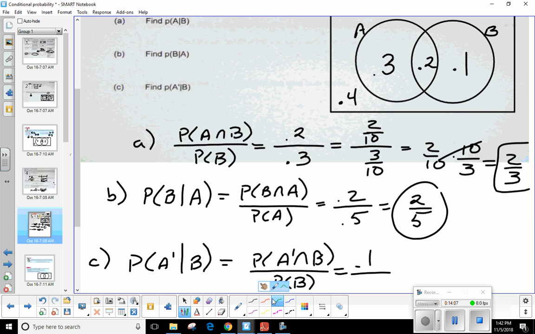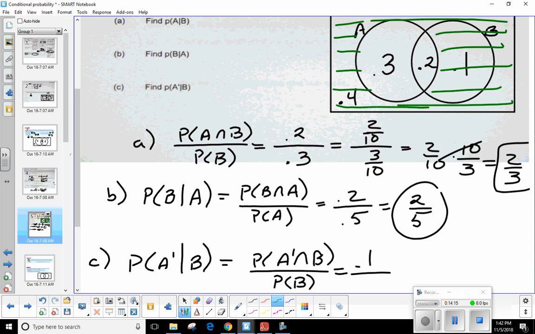The complement of A is everything that's still in the universe, but not in that particular circle itself. So I would shade everything outside of A, and now I want the intersection of that with B, so I'll do this one in red. The only place that the two overlap is that crescent section, the 0.1.